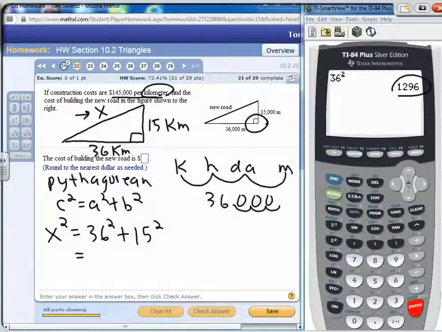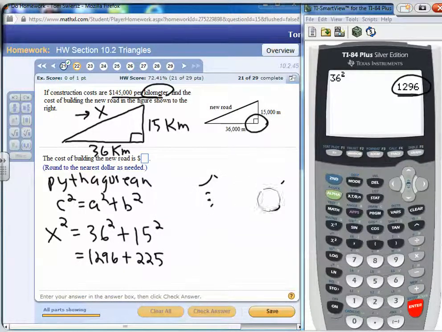Now, 36 squared I did on my calculator. 36 squared is 1,296. 15 squared, I know, is 225. If we add those two numbers together, 1296 and 225 gives us 1,521.